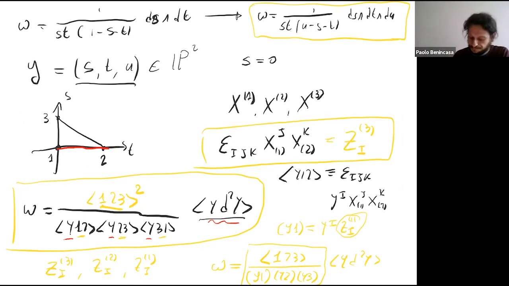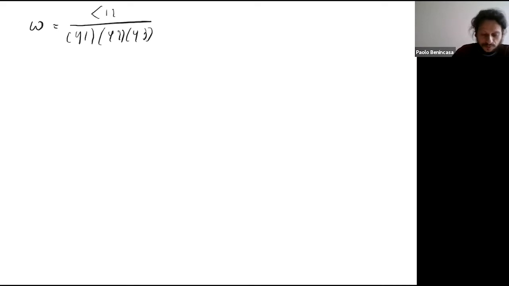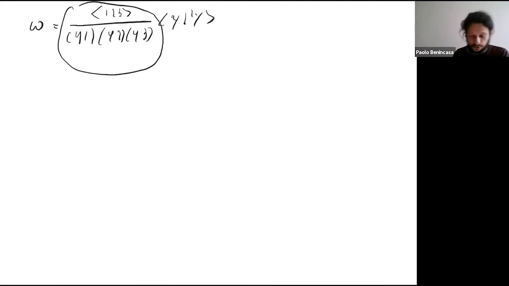Because one thing that you see in terms of geometrical interpretation is that when you write omega as y1, y2, y3 over 1, 2, 3, this term, the canonical function, is nothing but the volume of the dual polytope.